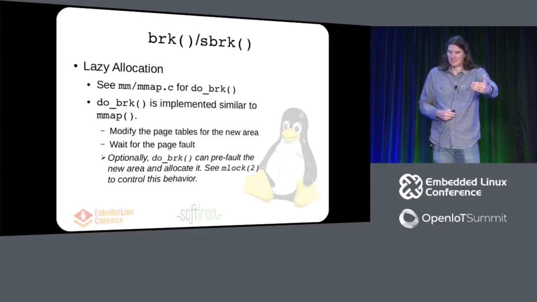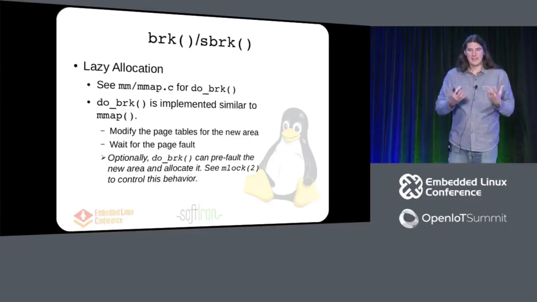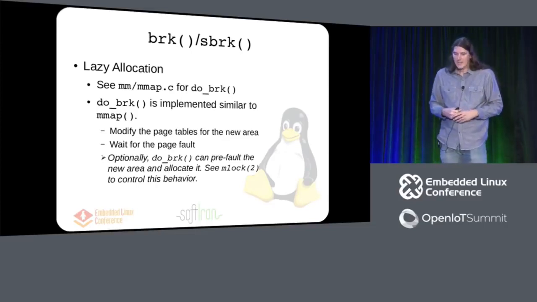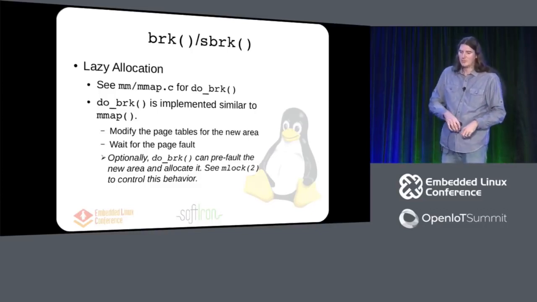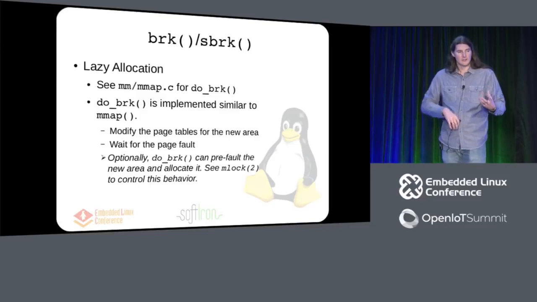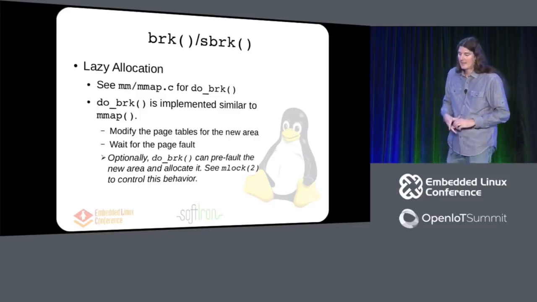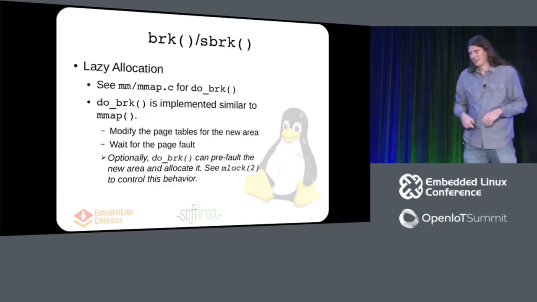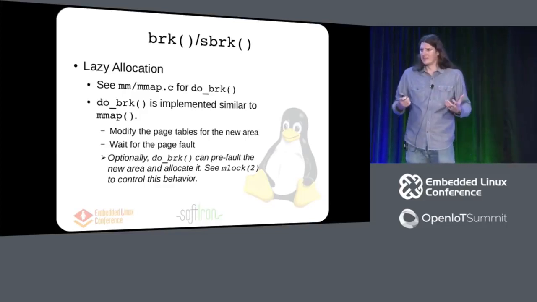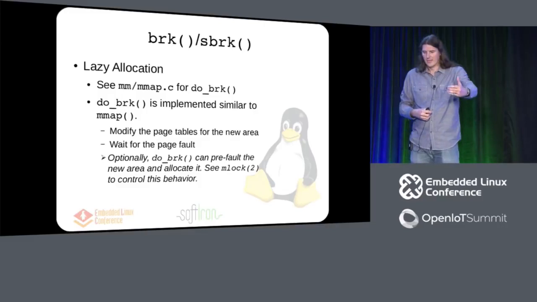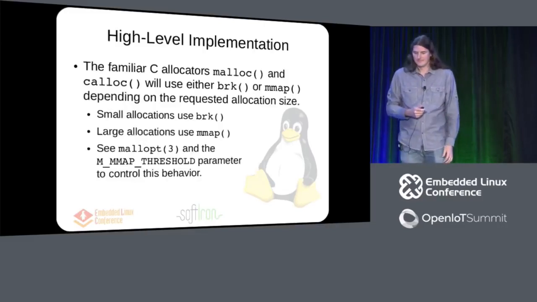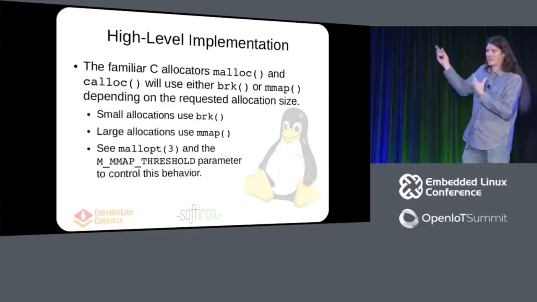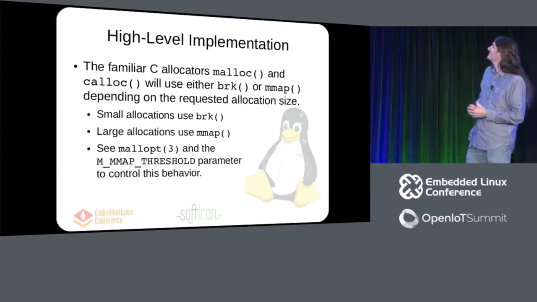And then when the user space process touches that new memory, then that memory will be allocated. That's the standard method. Optionally, though, do_brk can pre-fault the new area for you and then allocate it. If you use the mlock system call, you can control this behavior. If you have mlock set, when you allocate memory, you'll get it right away.